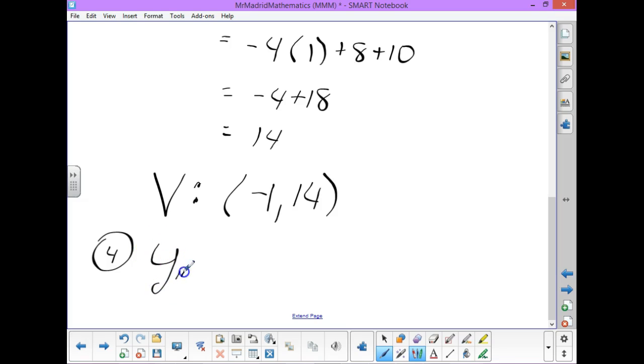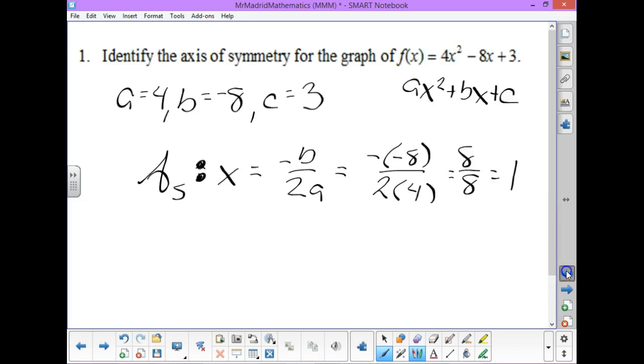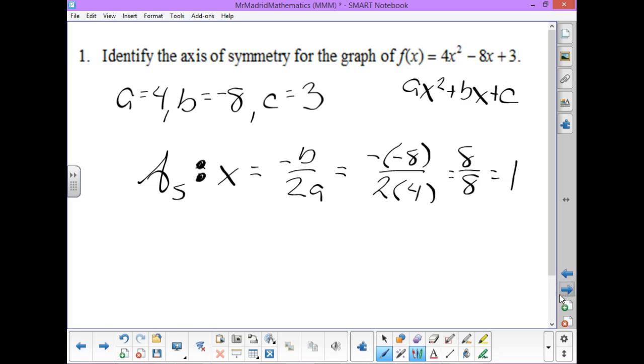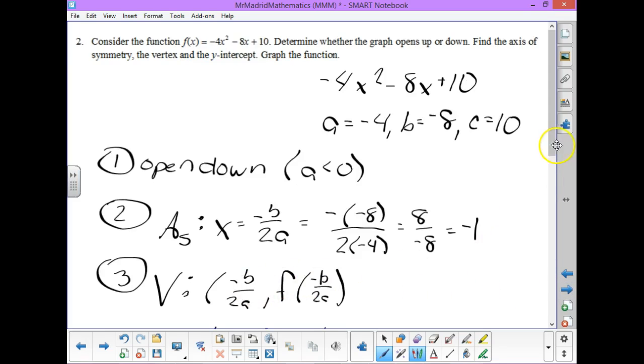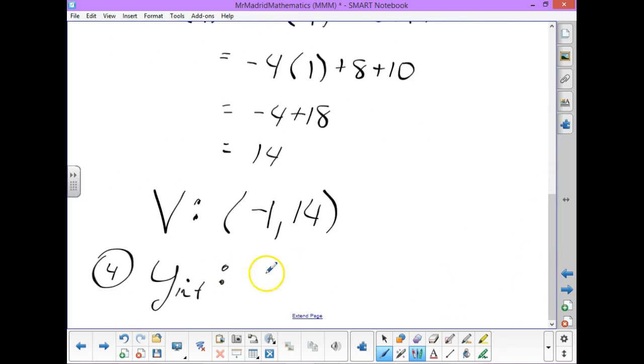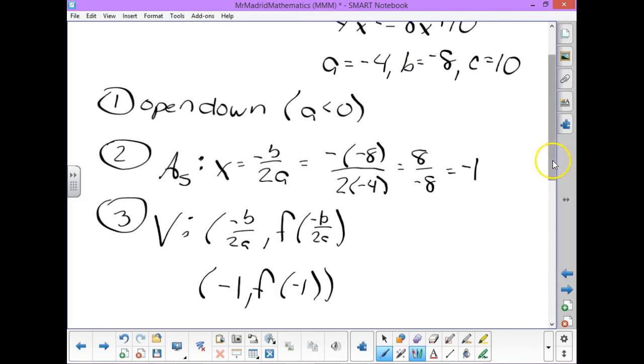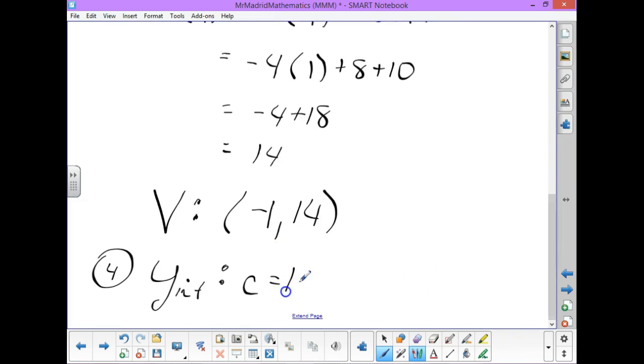What do they ask us to say? They say, hey, the y-intercept is simply c. So then that's all we'll write, that the y-intercept is c. C equals 10. So we'll put 10. Maybe we'll just skip the C part and just put it's 10.